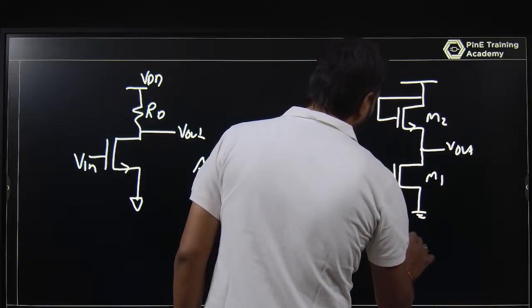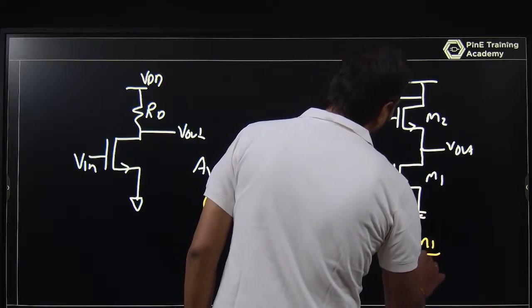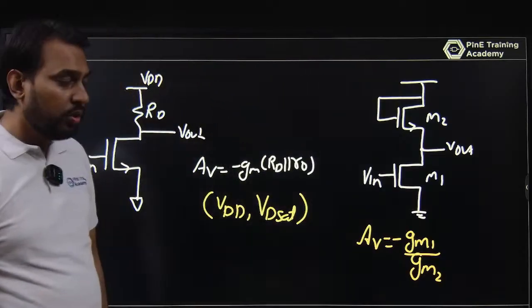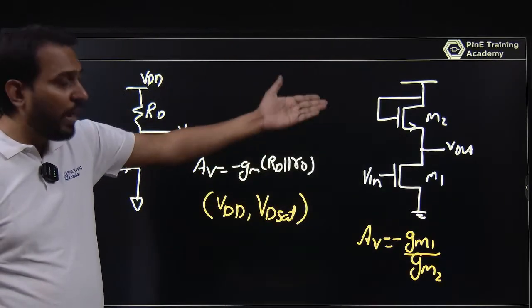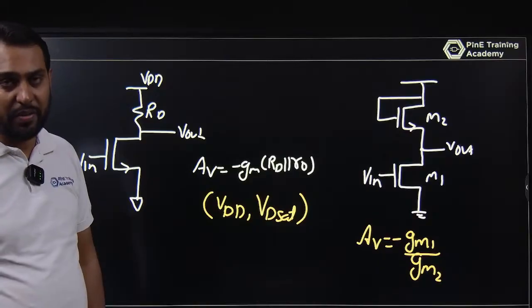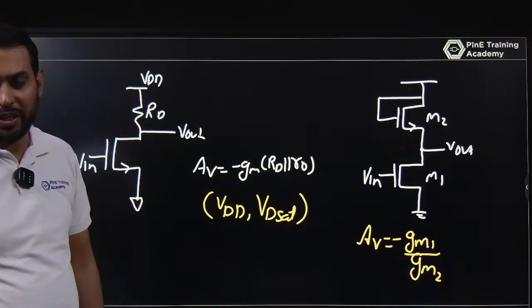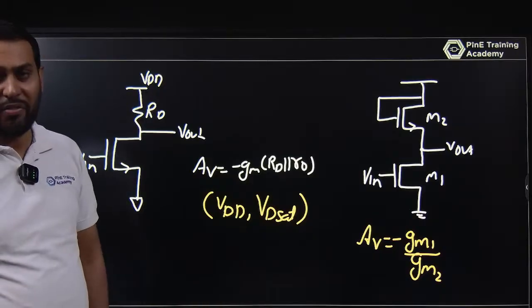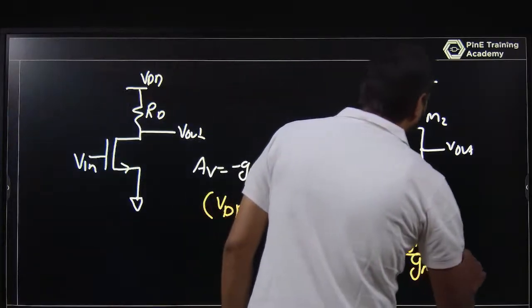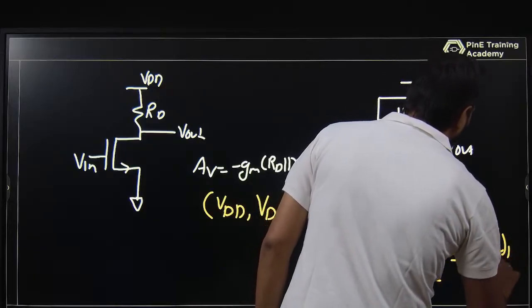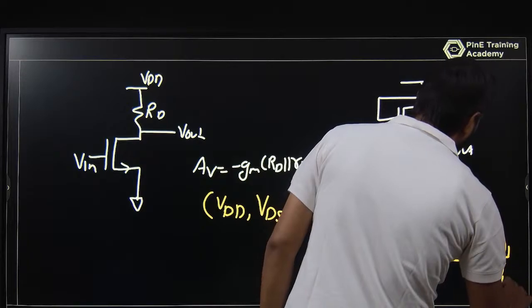That is minus GM1 upon GM2, nearly like this. So if you have a parameter variation, a process variation, both MOSFETs have the process variation, that will be nullified, and this is nearly about what? That is minus of the square root of W by L of 1 upon W by L of 2.